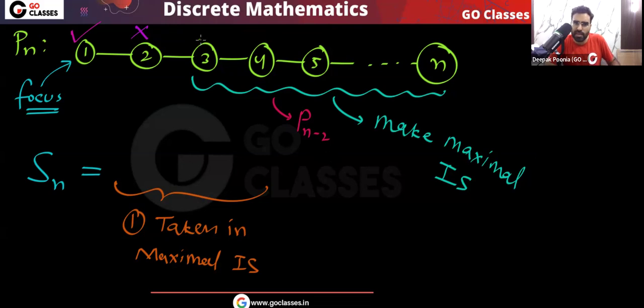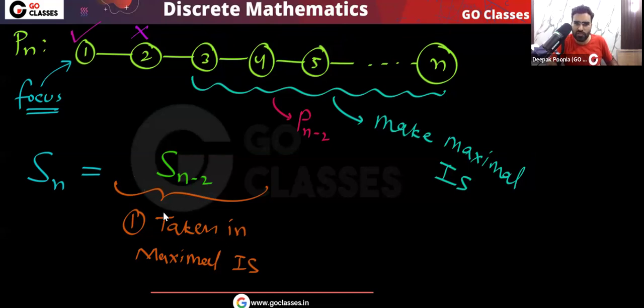That will be Sn minus 2. Because Sn is the number of maximal independent sets in a path graph on n vertices, and now you are finding the total number in this path graph on n minus 2 vertices. So that will be Sn minus 2. Do you agree with me?